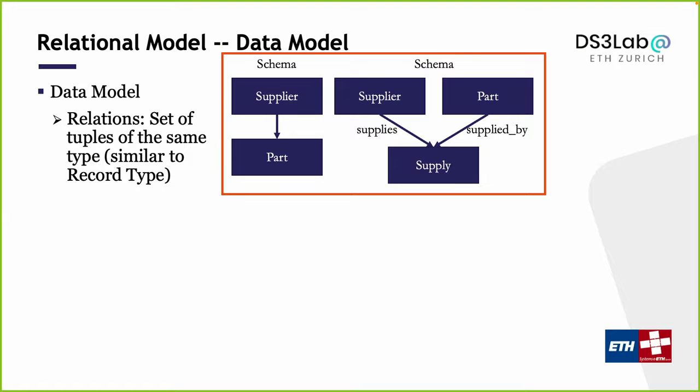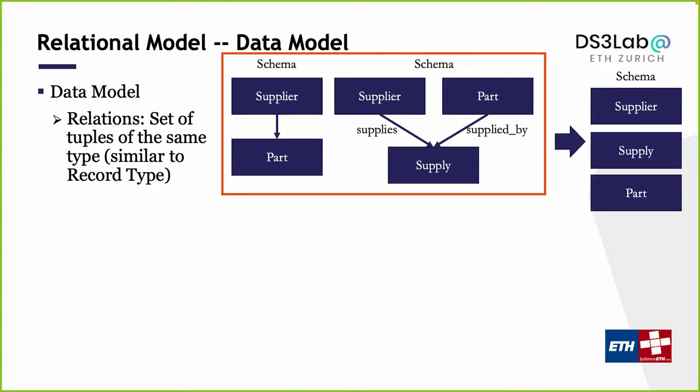But I do not have those connections between my record types or relations. Instead of having something that looks like this, in a relational model you have these 3 different relations: supplier, supply, and part. They do not form a hierarchy. They do not form a network. They are just 3 sets of tuples.